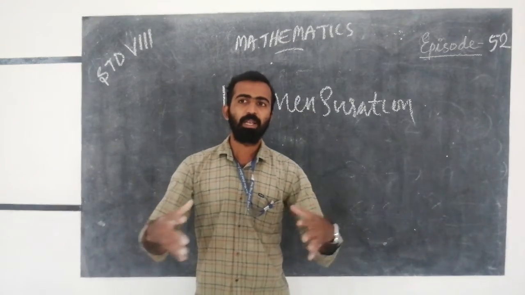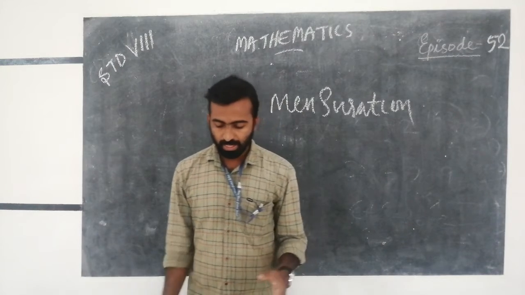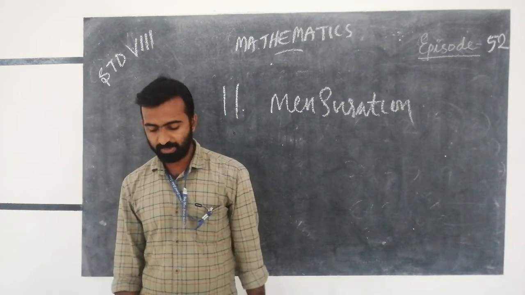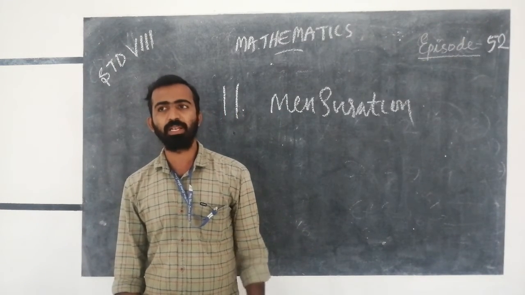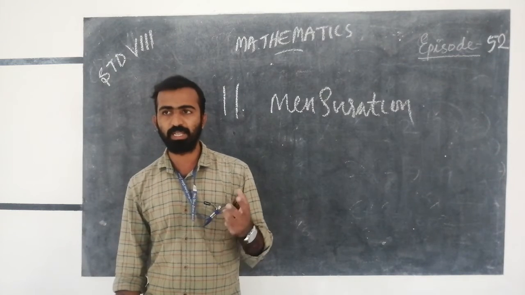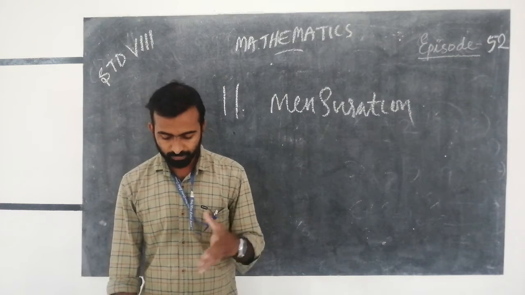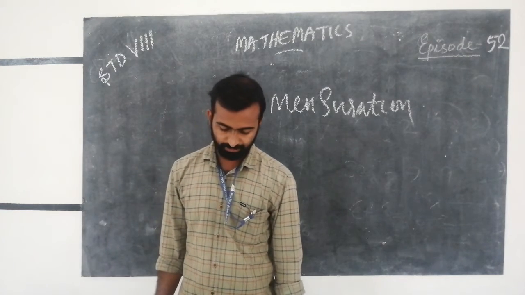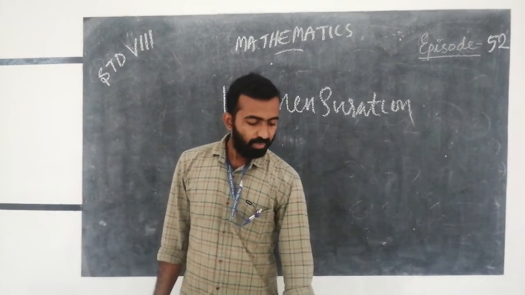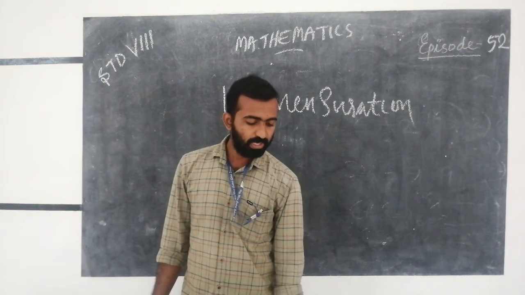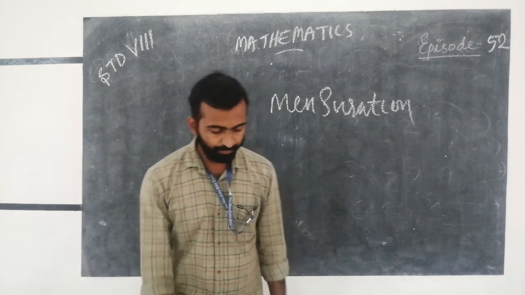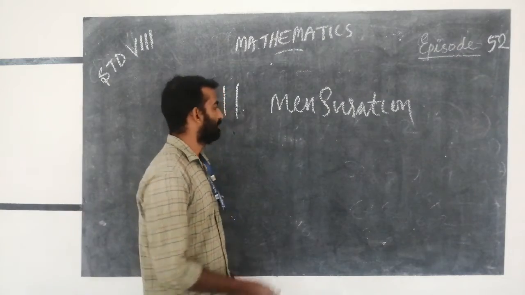That is, perimeter is the distance of the boundary, and the area of a closed figure is the measurement of the region covered. We already know what is area, what is perimeter, what is volume.